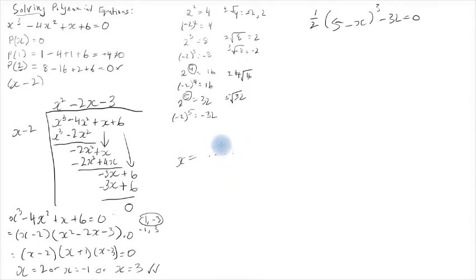So first I'm going to add 32 to both sides. You don't really need to write the equals when there's already an equals over there, by the way. But anyway, 5 minus x cubed equals 32. Now, here I'm multiplying by half, so I'll divide by half, or in other words, the opposite of timesing by half is timesing by 2. So I'll multiply both sides by 2.